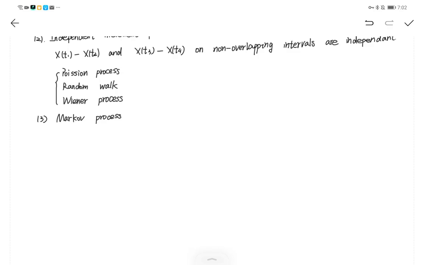The Markov process means the past has no influence on the future when the present is known.